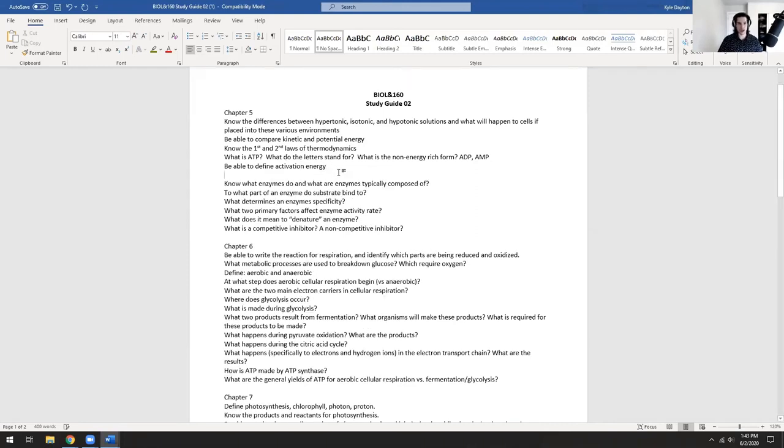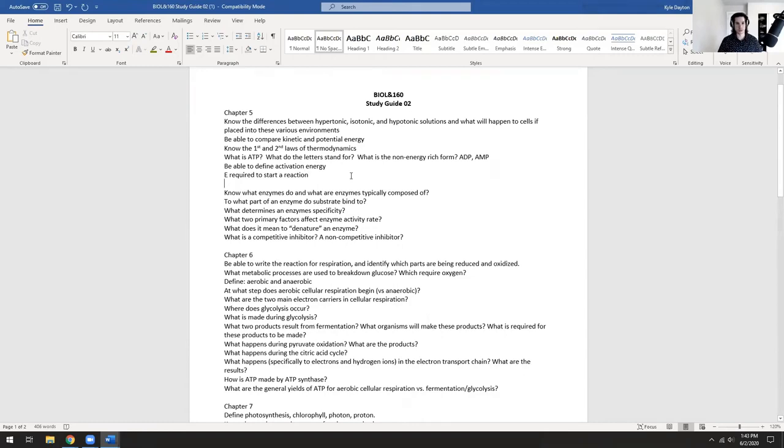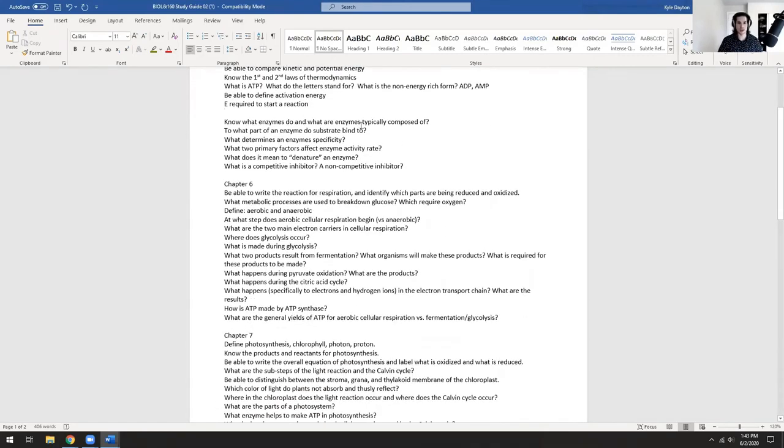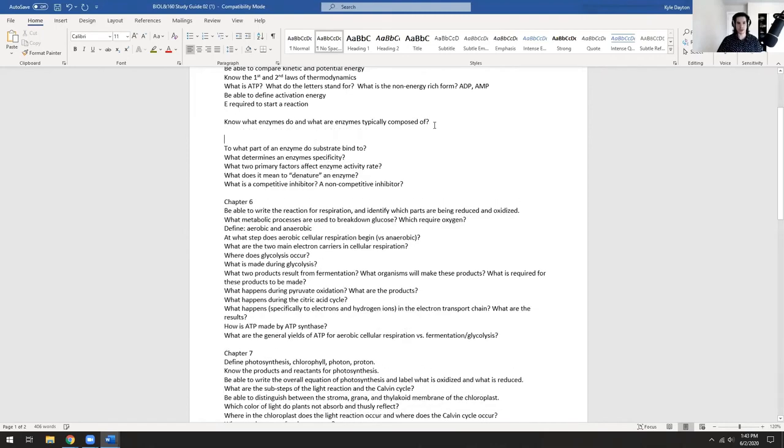Activation energy. So activation energy, that is the energy required to start a reaction. Know what enzymes do and what enzymes are specifically composed of. If we're talking biology, most of your enzymes are going to be composed of proteins, mostly proteins.